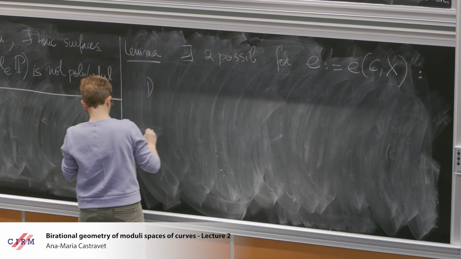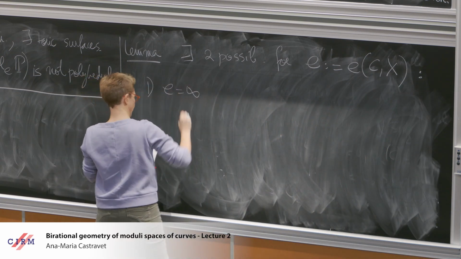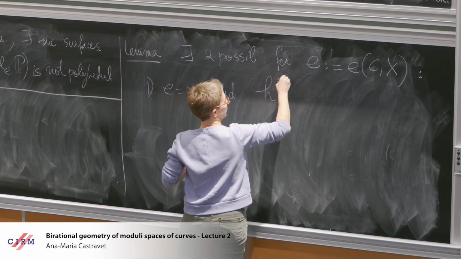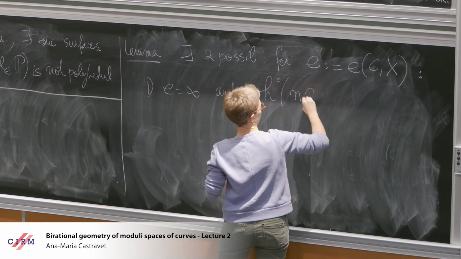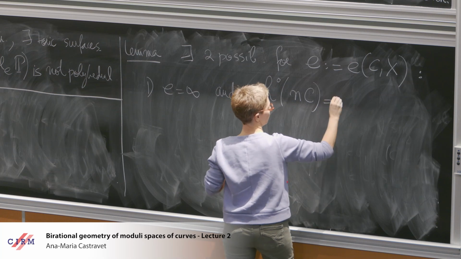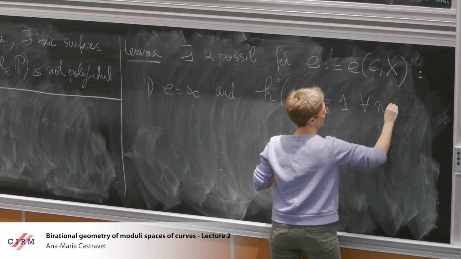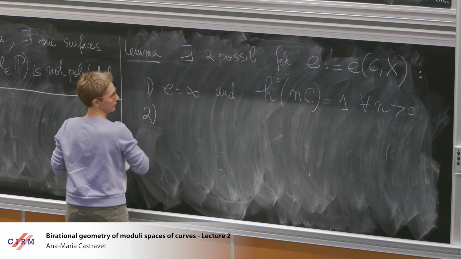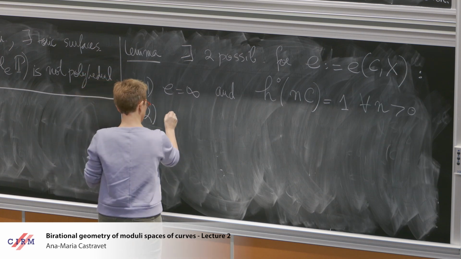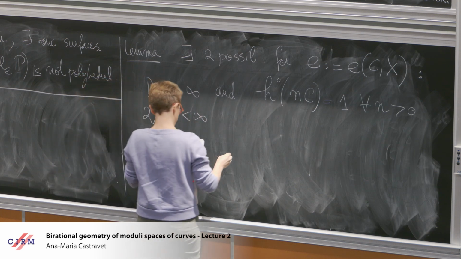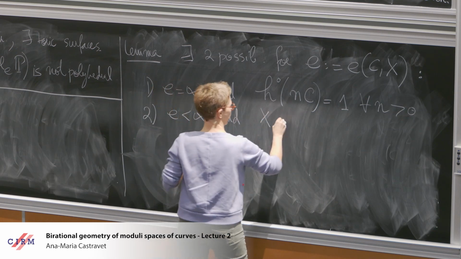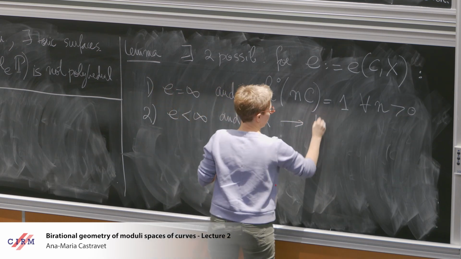So either this is infinite, and in this case, no multiple of this curve on the surface will move, or it's finite, and in that case, the order gives you an elliptic pencil.